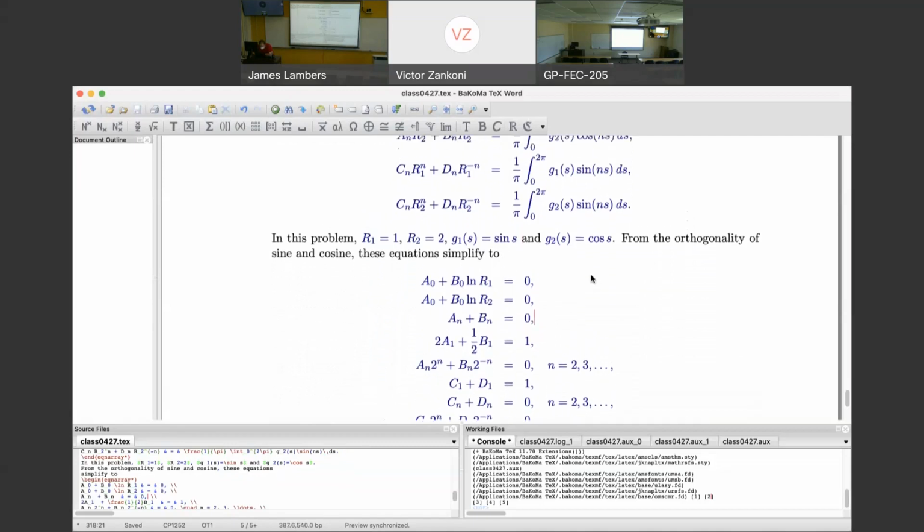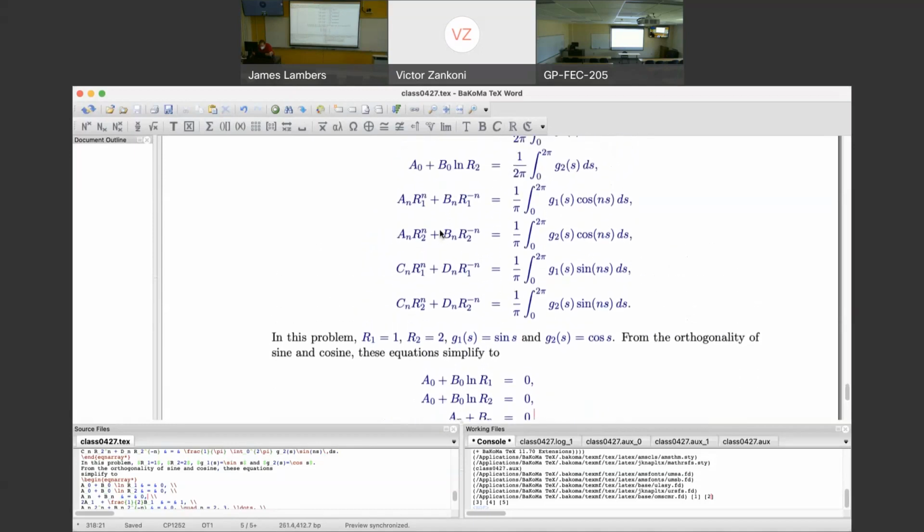As for this equation that deals with the cosine transform of the outer boundary data, in this case cosine, we are going to get a non-zero value when n is equal to 1. For all other n, we're still going to get 0.